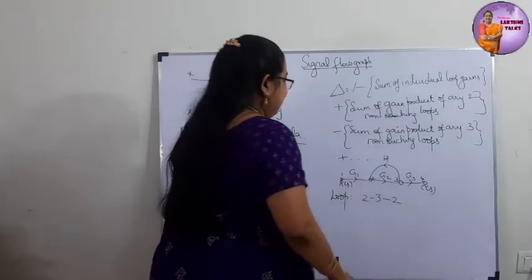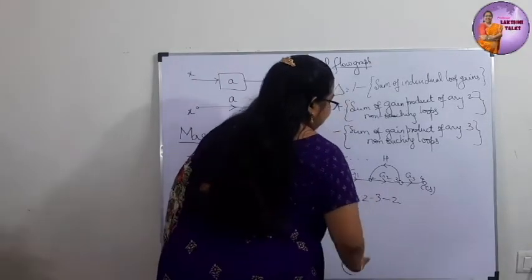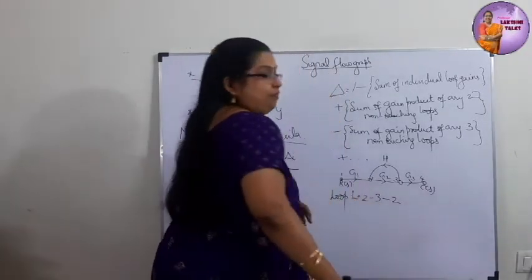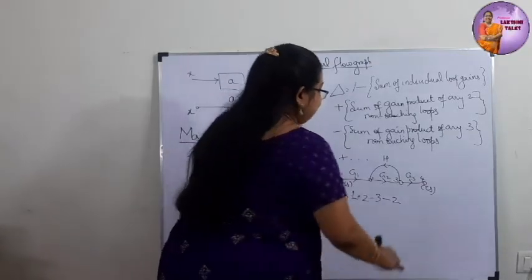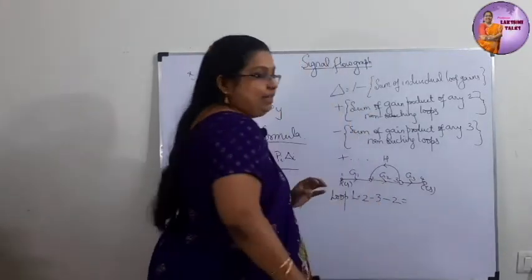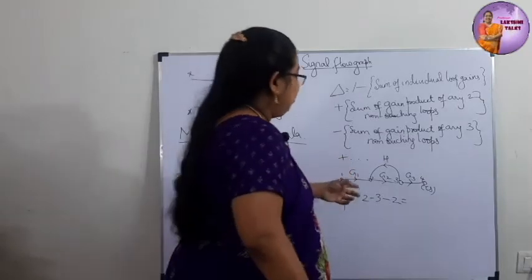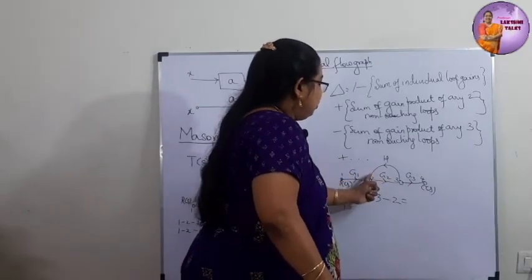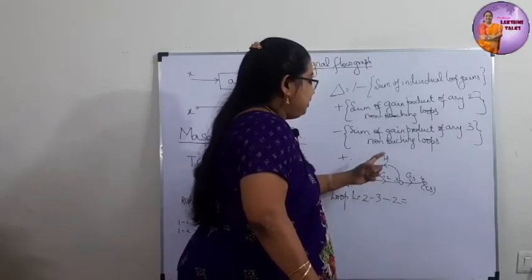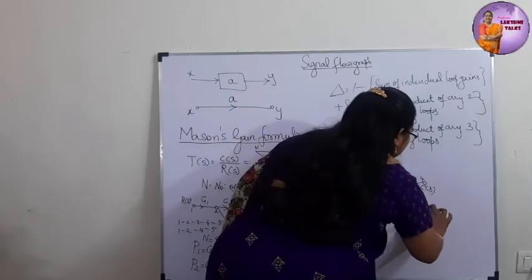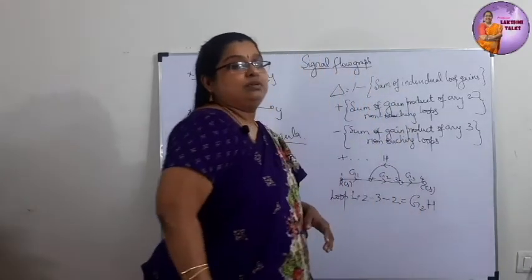Okay, loops are generally given by L. And what is the loop gain? You multiply the gains in that particular loop. So 2 to 3, 3 to 2, what is it? G2 H2. So this is the loop.